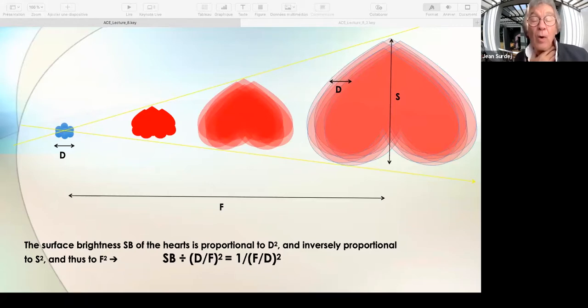In fact, one could show it very easily: it is the inverse of the ratio of f to d, where f is the distance, the kind of focal length, and d is the size of the hole in the pinhole screen. So if you go very far away, the blurring gets less, but the surface brightness gets very, very faint.